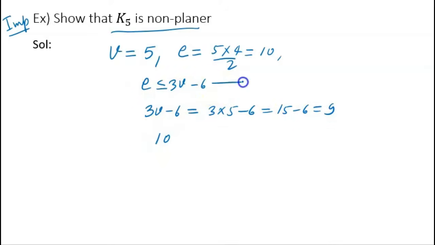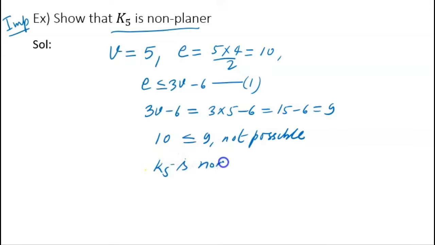Suppose I say this is equation 1. For equation 1 to be true, 10 should be less than or equal to 9. It is not possible. So it means K5 is non-planar. Did you get it?